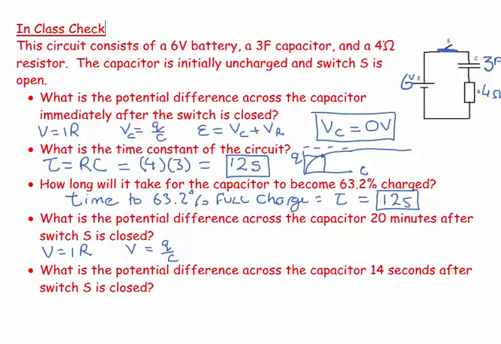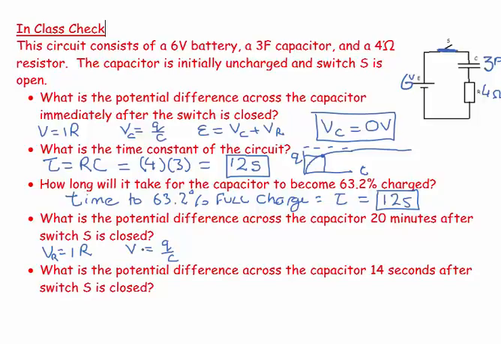And after 20 minutes, there's no current flowing in my circuit because there's nowhere for the current to go. If I'm fully charged, I'm no longer charging up the capacitor. I've charged it. And so my current is 0, so my voltage across the resistor is 0.